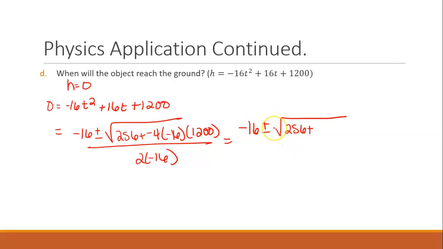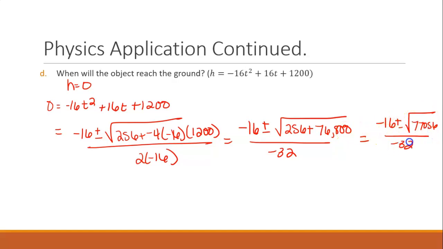A negative times a negative is going to be a positive, so I'm doing 4 times 16 times 1200. That gives me 76,800, divided by negative 32. This becomes negative 16 plus or minus the square root. Add those together. We get 77,056 divided by negative 32.